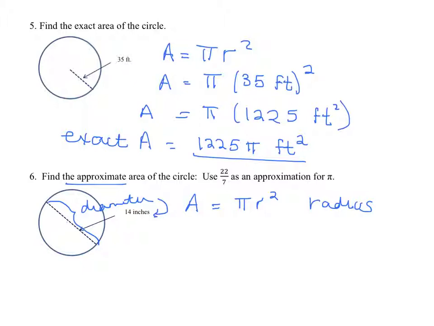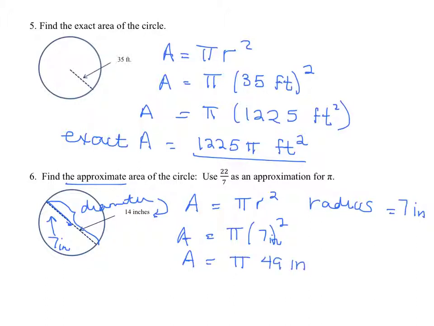So we need the radius, which is the distance from the center to a point on the circle, and that will be 7 inches because it's just half that distance. Pop it into the problem. So it's going to be pi times 49 inches squared. That is the exact area, which I was not asked for, but I'm just pointing it out.